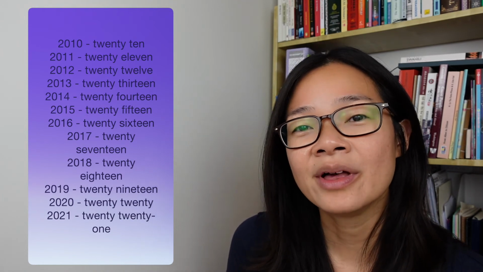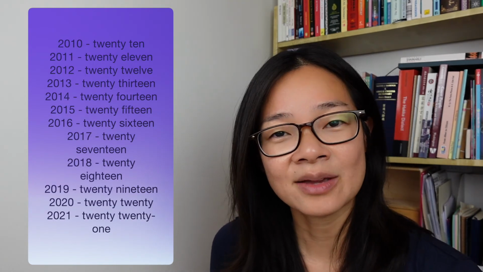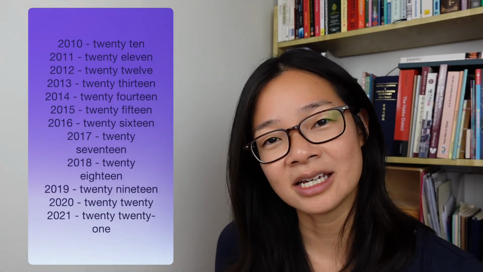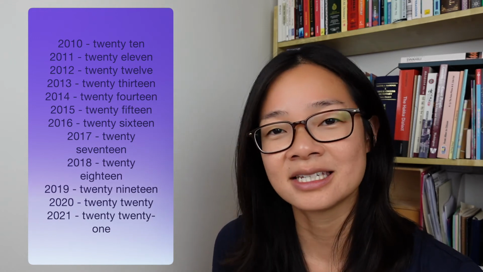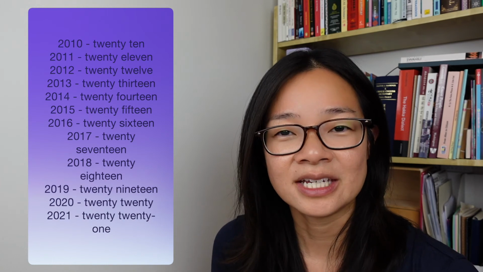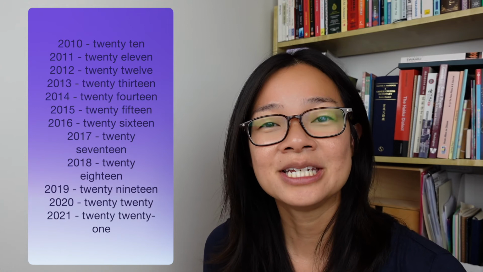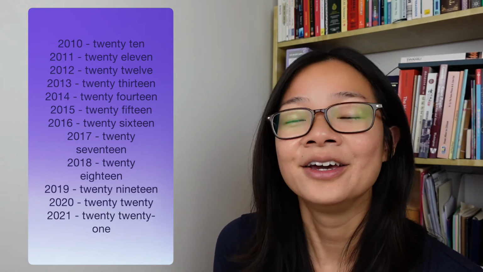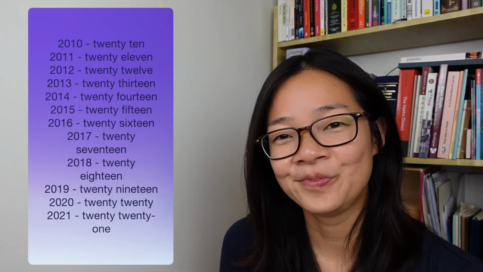Some of you may remember that the Olympics were held in London back in this year, which was London twenty twelve. We're going to carry on with this same pattern. Two thousand and thirteen, again, we could say that. It's just faster to say twenty thirteen. Twenty fourteen, twenty fifteen, etc., etc. We go up to twenty nineteen, twenty twenty, pandemic year, and twenty twenty-one, which is where we are now.